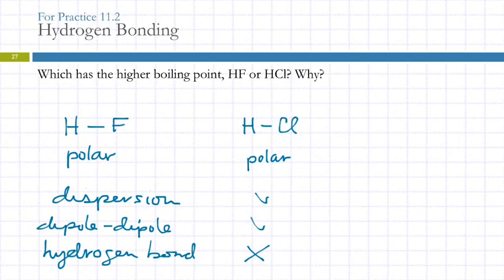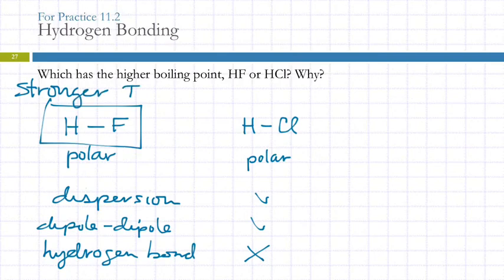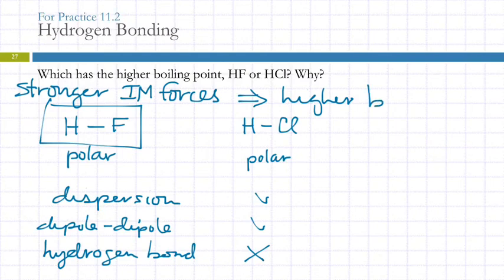Which one is going to have a higher boiling point? The HF, because of stronger intermolecular forces, which we abbreviate as IM. Stronger intermolecular forces give us higher boiling points and melting points.